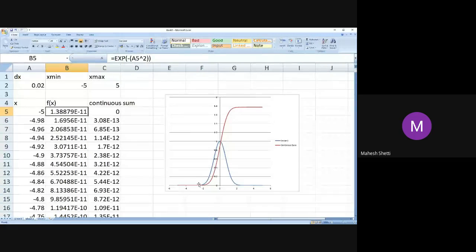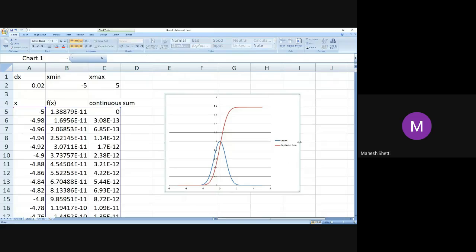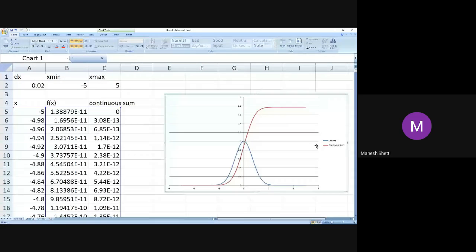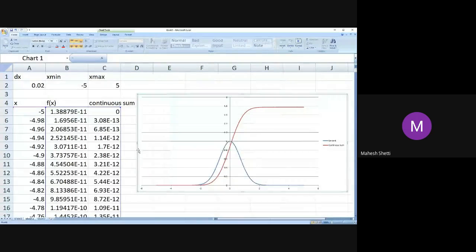And what you get here, you see this blue curve is the Gaussian curve, e raised to minus x square. And when you go on adding, what is happening? This is something very important also when you are going to deal later with error or Gaussian distribution of errors. You are calculating area under the curve from the left hand side to the right hand side.